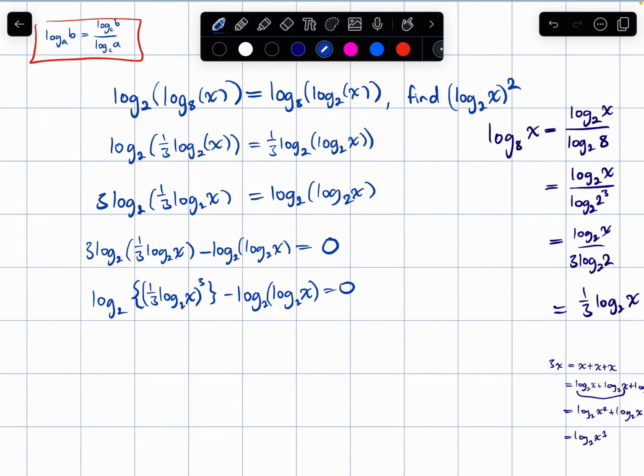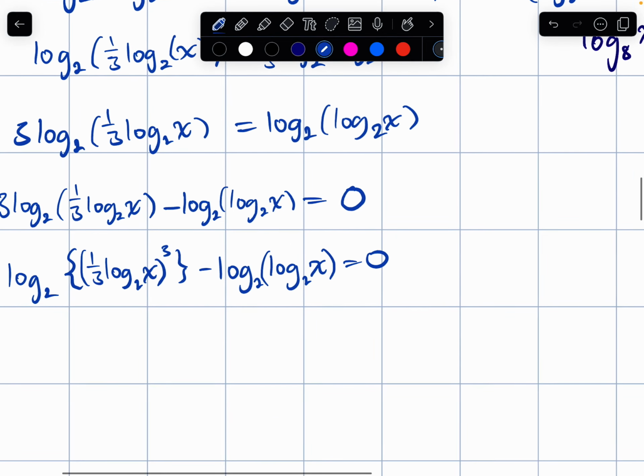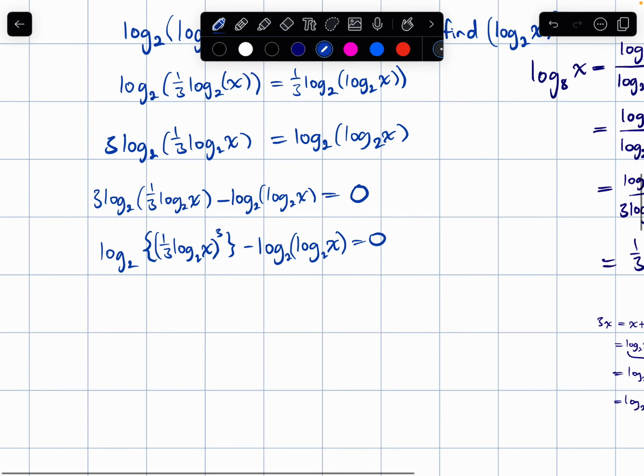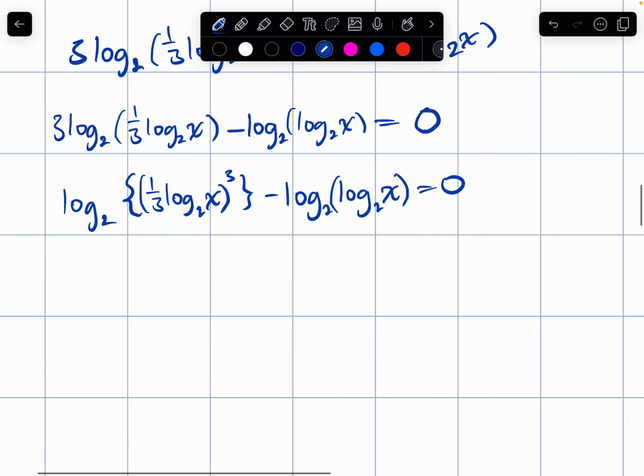Now I understand I'm doing a lot of steps here, but I really just want to show every single decision I make and explain why, because otherwise you don't really understand where the approach comes from.